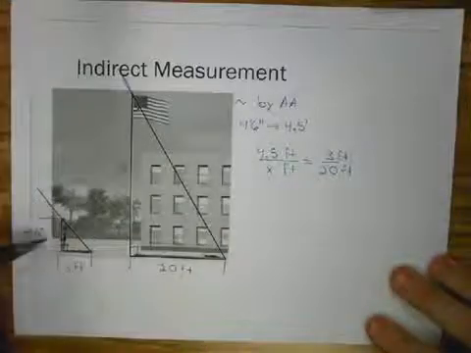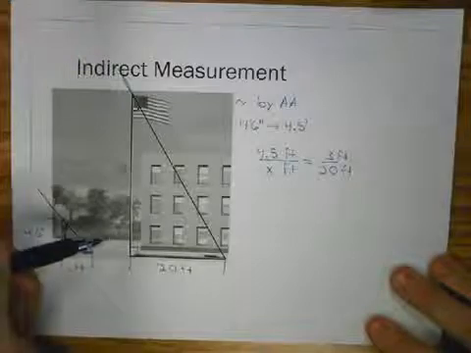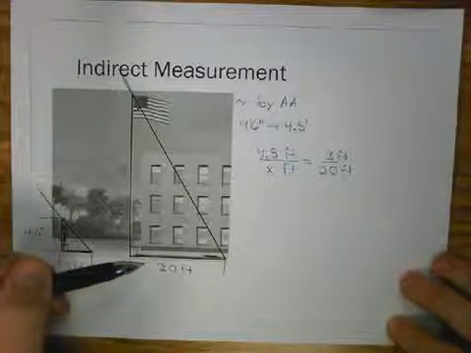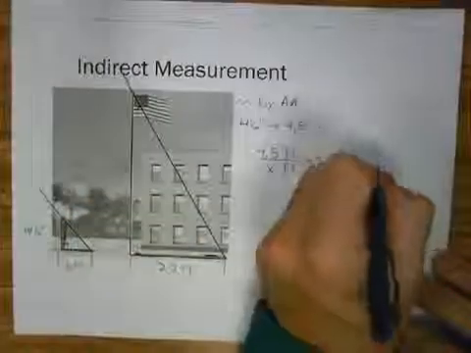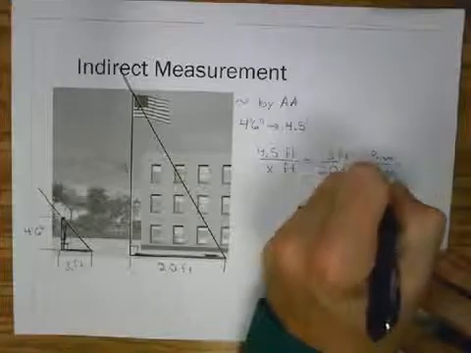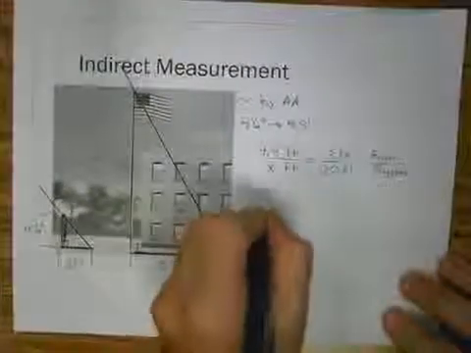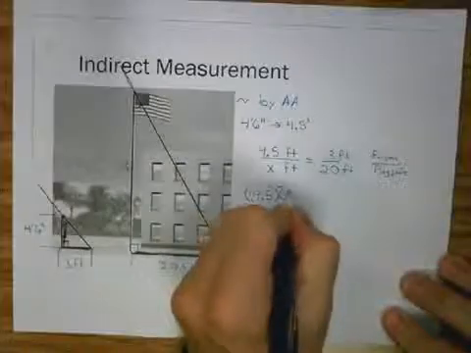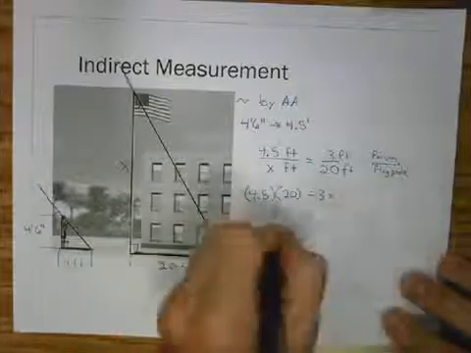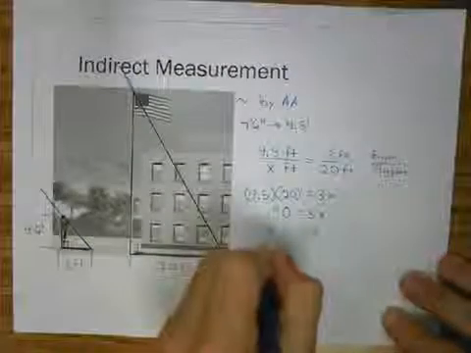That is equal to the shadow of the person to the shadow of the flagpole. So 3 to 20. Now, I could have said 4.5 feet to 3 feet equals x over 20, and it still will eventually work out the same, but we're just going to go with this one. So we were going the person to the flagpole as our ratio.